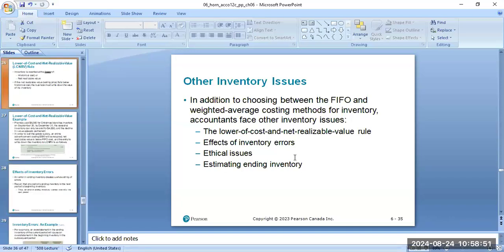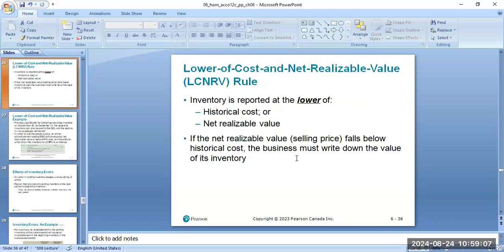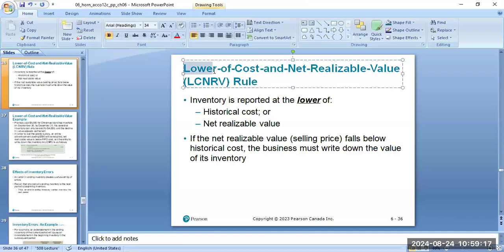The lower of cost or net realizable value method or rule is very simple, even though it sounds super not understandable. So what we have to do here is break down this name. We have to find out the lower of two.